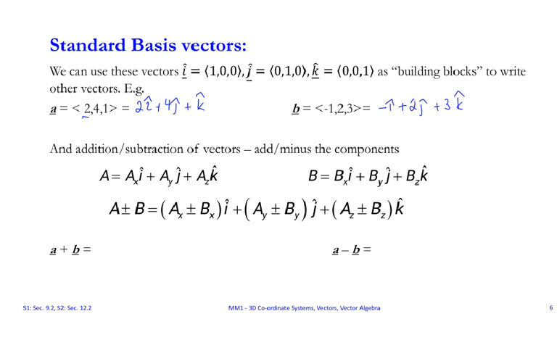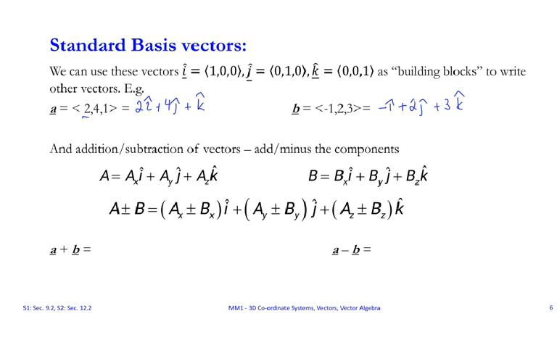Now the thing about putting it into this format is that it makes it extremely easy to add and subtract, because you are adding and subtracting your components exactly the same as what you were doing before, but now you're separating them out into the x, y, and z direction with i, j, k.